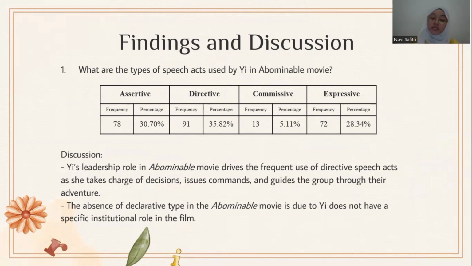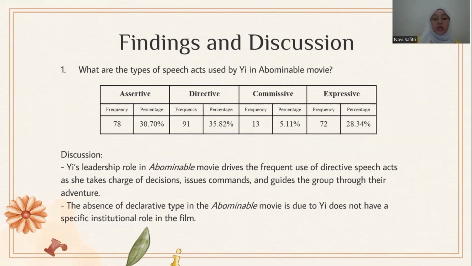Those are assertive, directive, commissive, and expressive. There is no declarative type, and the findings also show that the directive speech act is the most dominant type with 91 frequencies or 35.8% from the total 254 moves. And here is the discussion.